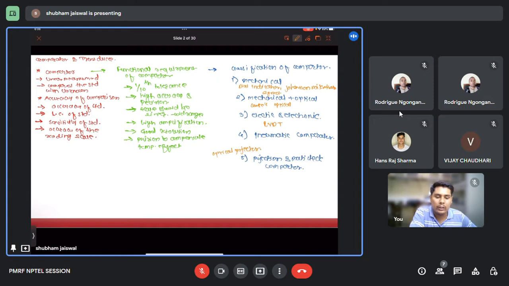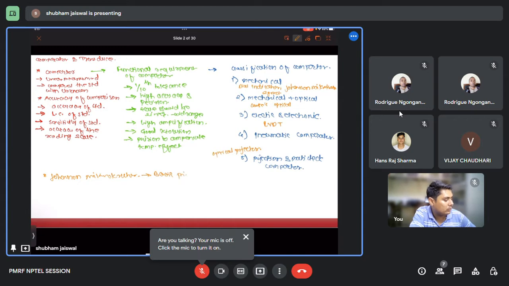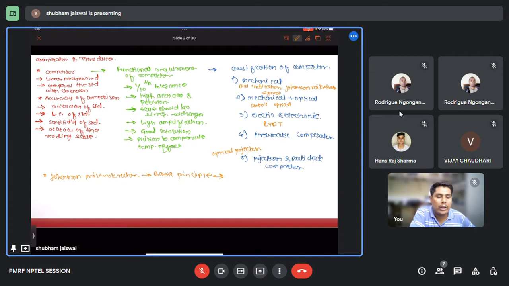So these things we have seen in our comparator section. The Johansson Microcator works on the basic principle of Abramson movement, and it is named after H. Abramson, who invented this instrument.